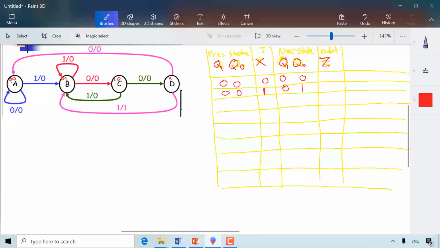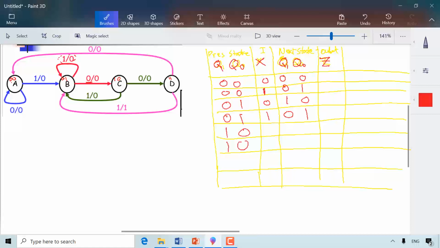Now let's go to state B, 0 1. It depends on the input. If I receive an input of a 0, I go to state C. If I receive an input of a 1, I stay in the same state, which is B. Now I am in state C, which is 1 0.